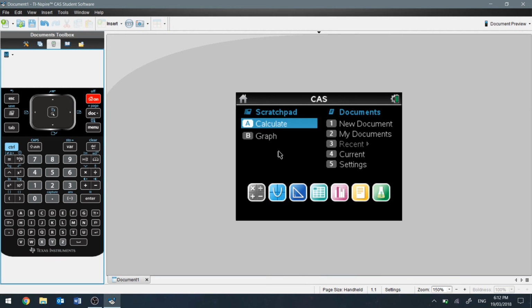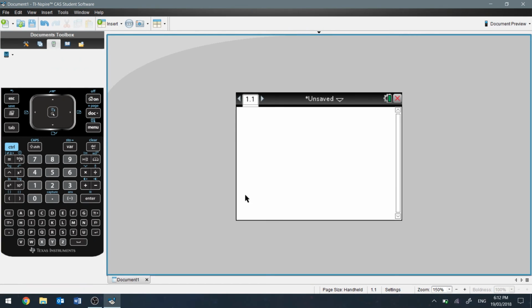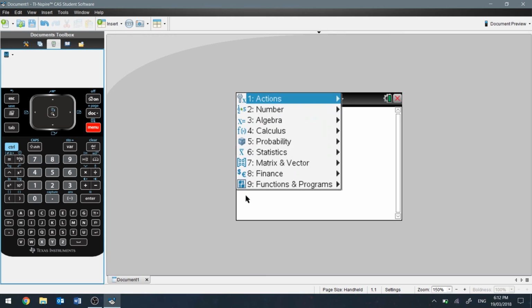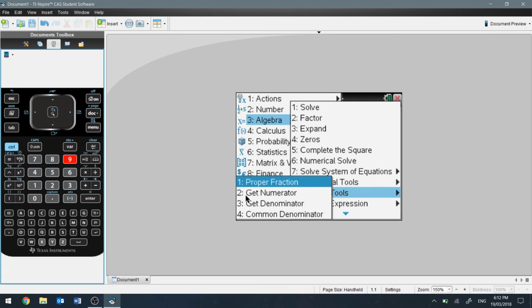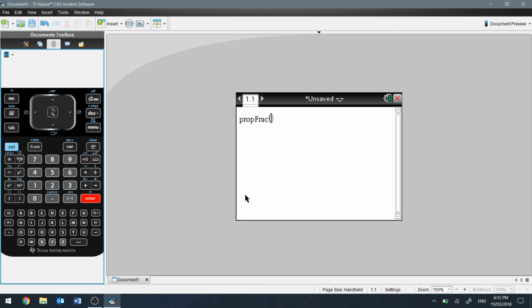If we wanted to do this on the CAS, we will go to our calculator document, go menu, algebra, and then there's fraction tools at the bottom there, 9, and then proper fraction, and then we will type in our fraction that we actually want to do.